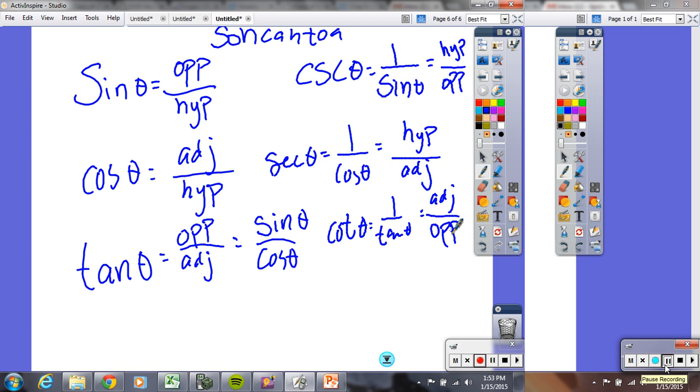Or cotangent is the same thing as cosine of theta over sine of theta. Okay? How many of you somewhat recall these things? Pretty simple. So that's not asking a lot more of you, let's be honest. Kind of just brush the cobwebs out of the attic.